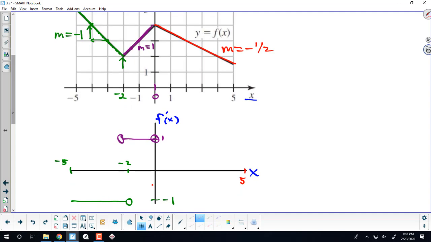So from an x value of 0, where the derivative is not defined, all the way to an x value of 5, it's always outputting -1/2. And so it stops right there. We don't really know what happens outside of that, so we'll just stop our line there and not speculate as to whether or not there's a point or a circle there.